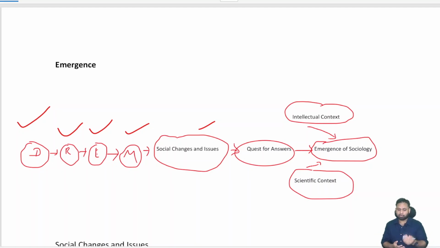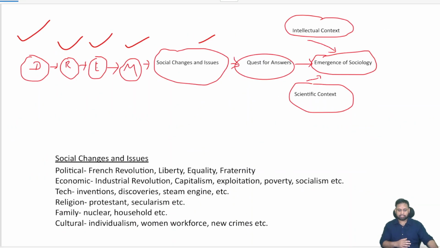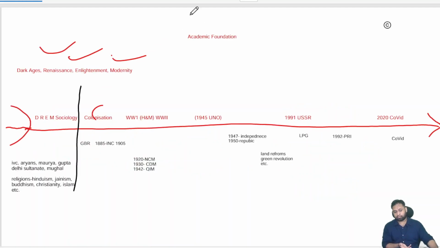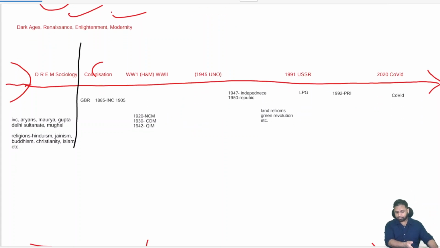Here, what happens is about modernity. Now the question is, when we say all these things, dark ages, Renaissance, enlightenment, modernity, social changes in Europe, the ones given above the line on the timeline, we are talking from a global western level.